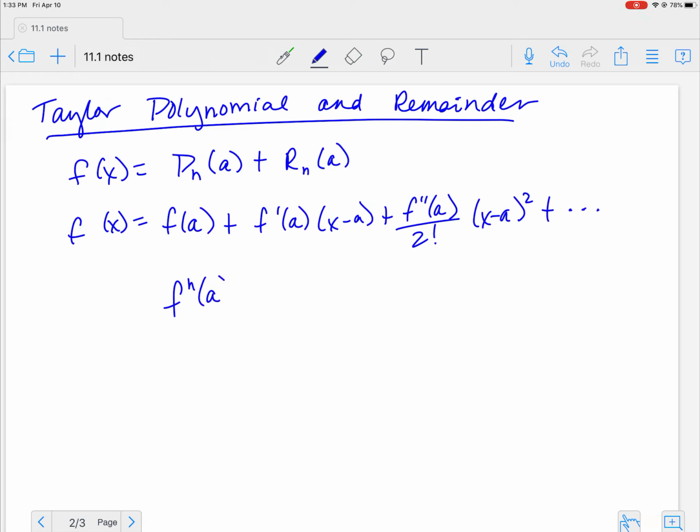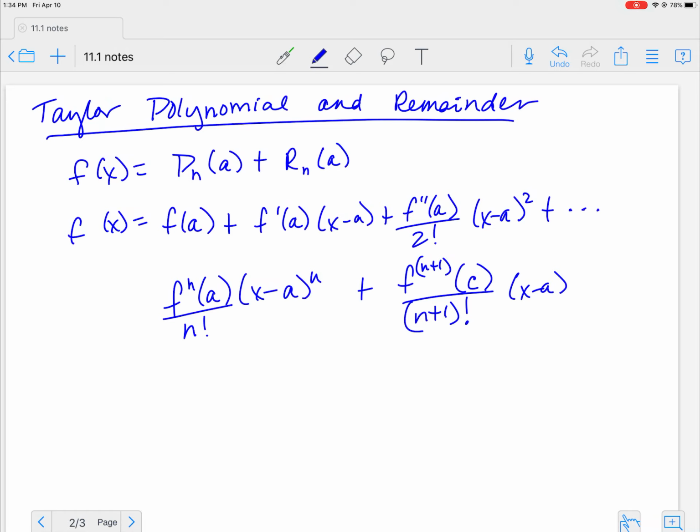The nth derivative of a over n factorial times x minus a to the n, plus the next derivative, input c over n plus 1 factorial, and then x minus a to the n plus 1.